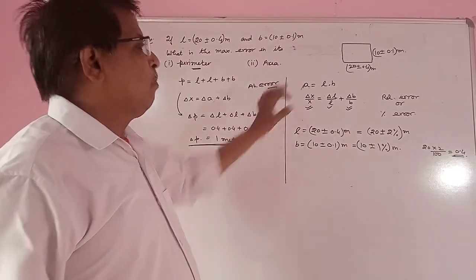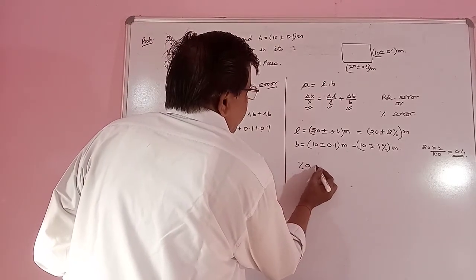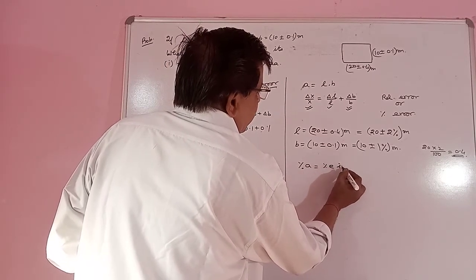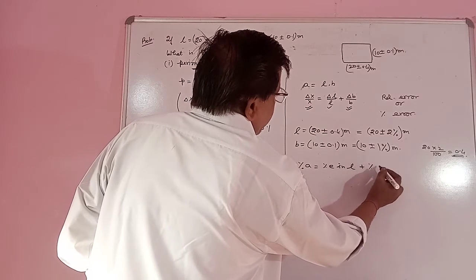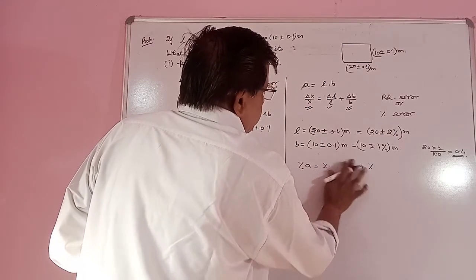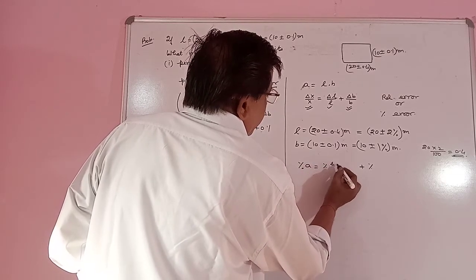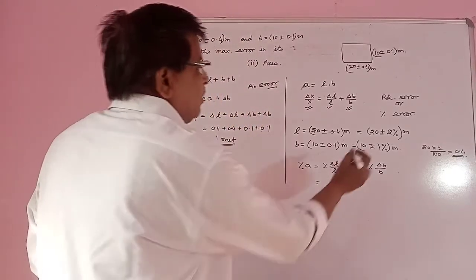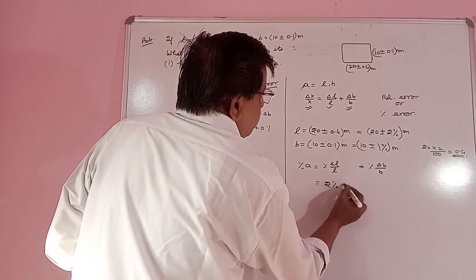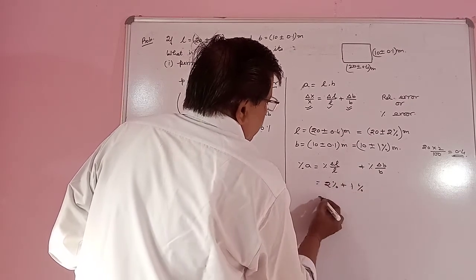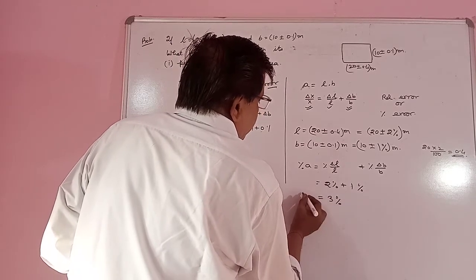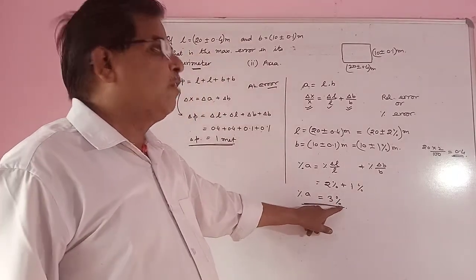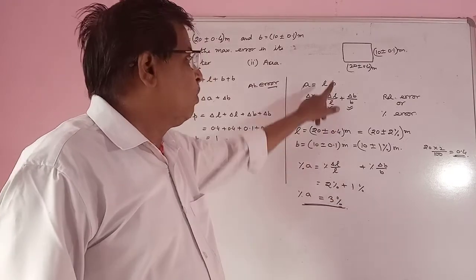Now, percentage error in A equals percentage error in length plus percentage error in breadth, that is, percent delta L upon L plus percent delta B upon B. This is 2% plus 1%, so the error is 3%. This is 3% error in case of area.